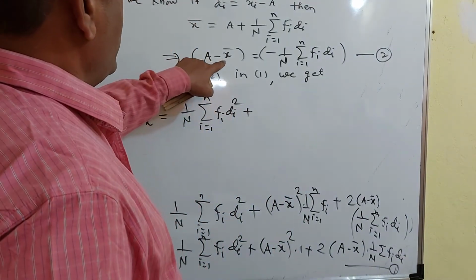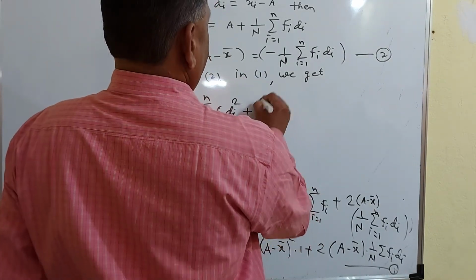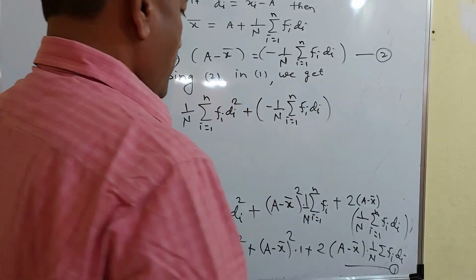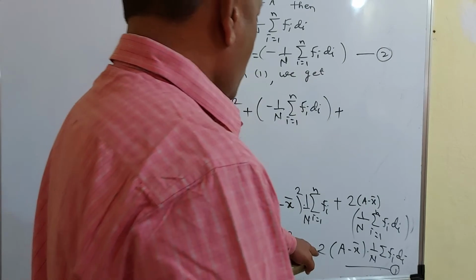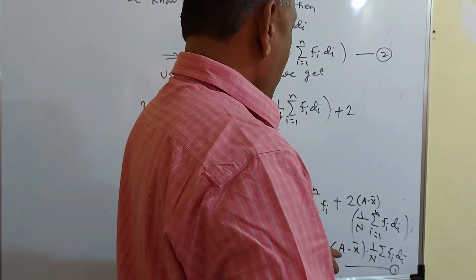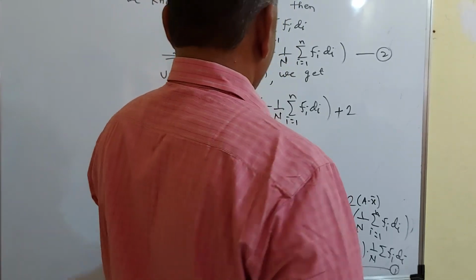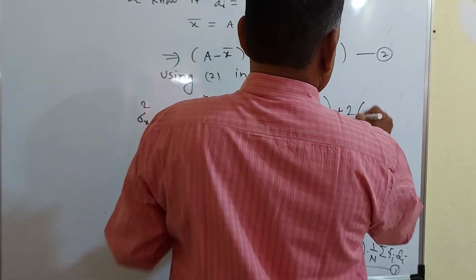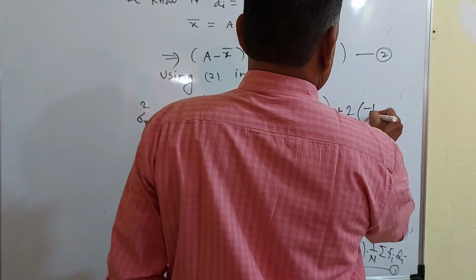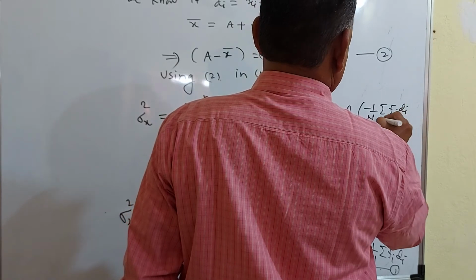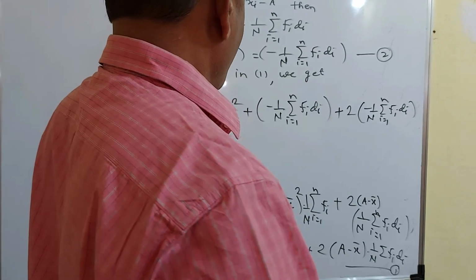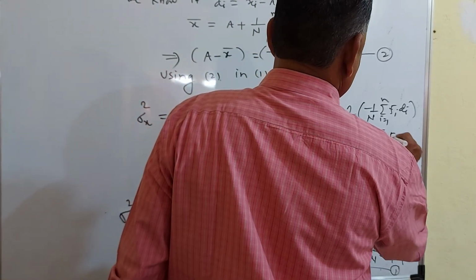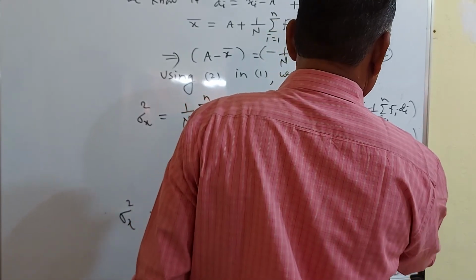What is a minus x bar? a minus x bar is this, minus 1 upon n summation of fi di, i going from 1 to n, and its square, plus 2 times a minus x bar. a minus x bar is this, plus 2 into a minus 1 upon n summation of fi into di, i going from 1 to n, into 1 upon n summation of fi into di, i going from 1 to n.